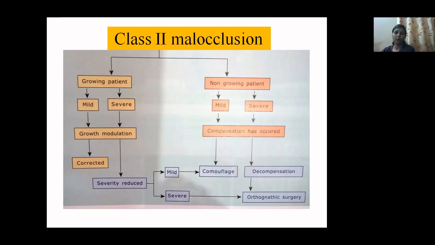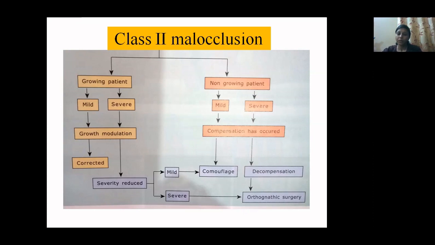In non-growing patients, if there is no growth remaining, we can't go for growth modulation procedures. Then we have only two things remaining: orthodontic camouflage or orthognathic surgery.